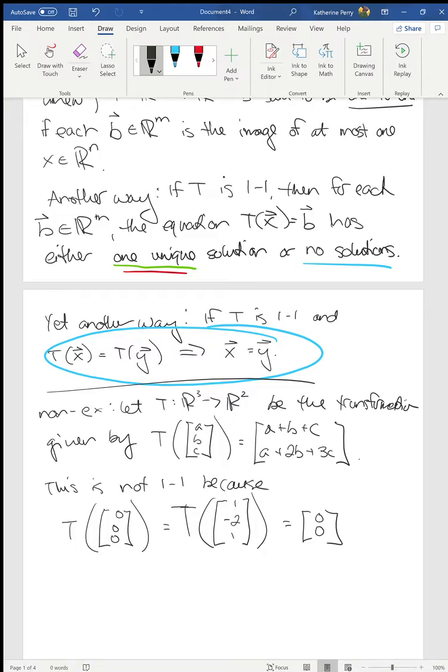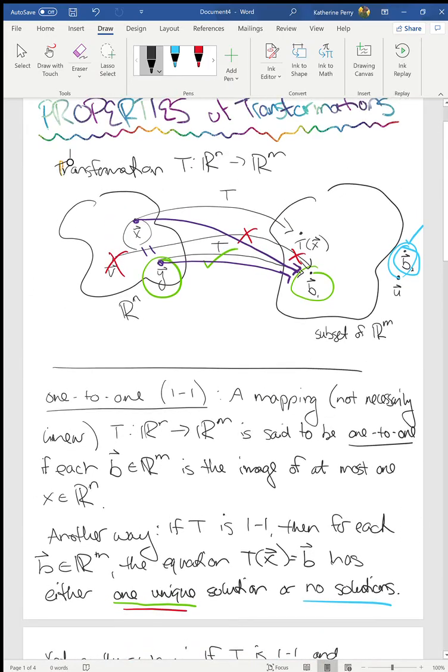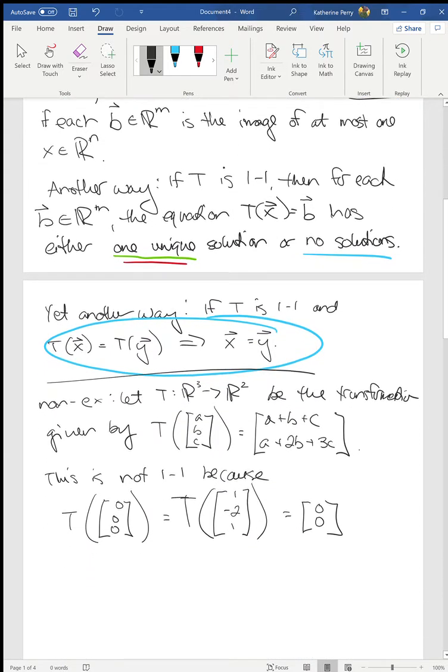And so that would be this example here where I have an x and I have a y and they're both going to the same thing. So I can think of this as my x and this as my y.